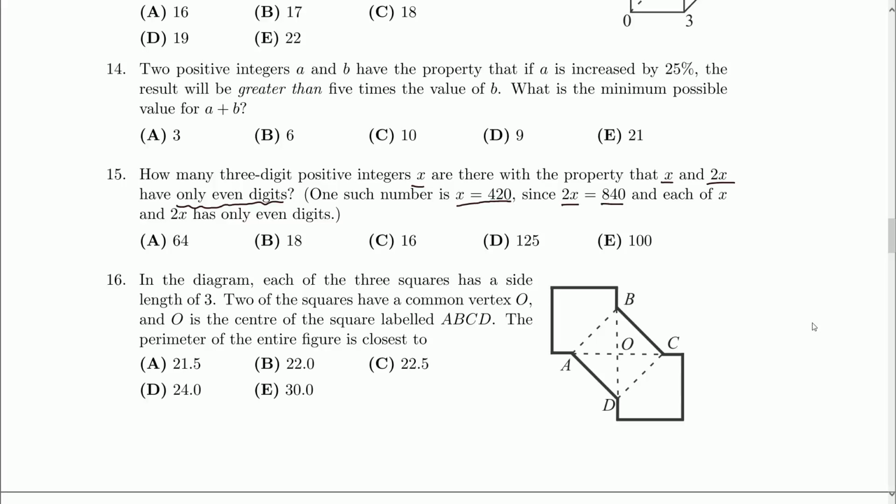Well, we want three-digit positive integers, and this is always a nice trick. We're talking about a question that involves the digits of these numbers, not the numbers themselves exactly. We do double the numbers, but we're talking specifically about the digits.